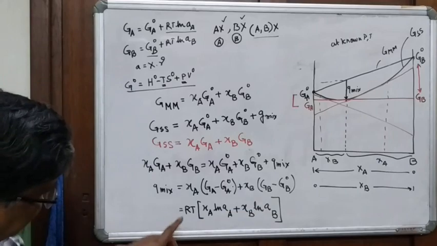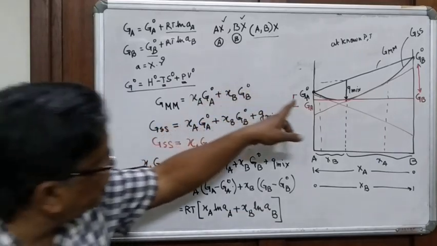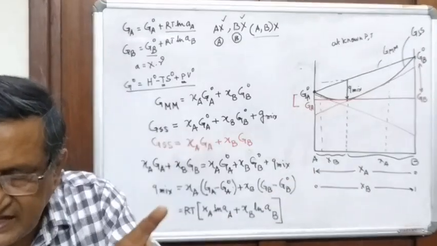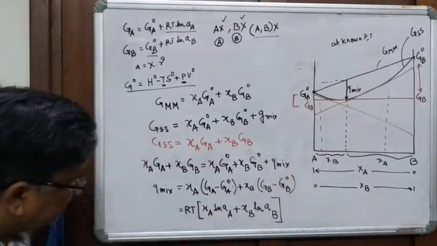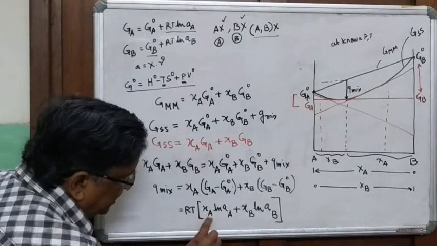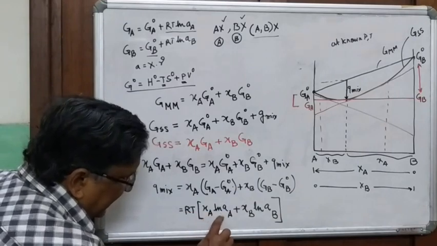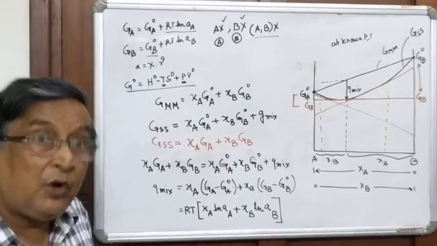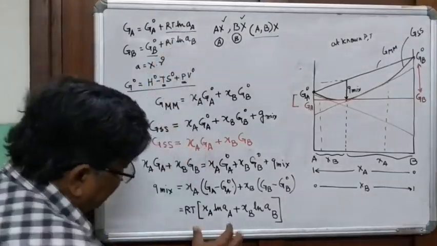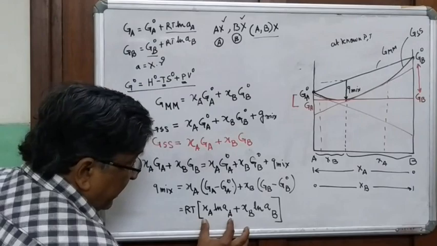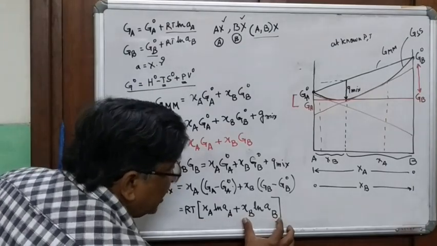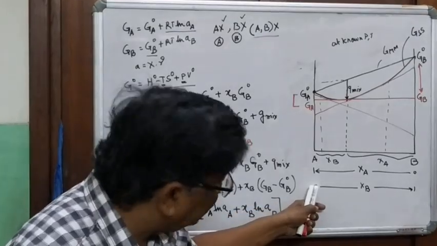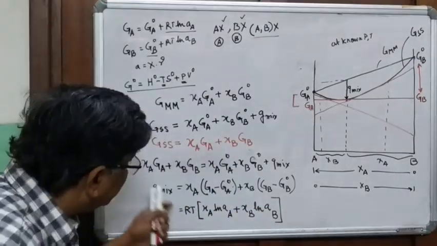Pure A means XA is equal to 1, so it will be ln activity A, but ln activity A will be equal to 0 because it's a pure phase. So this term becomes 0, and this term remains, but here XB is 0. Do you see that? So Gmix is 0.